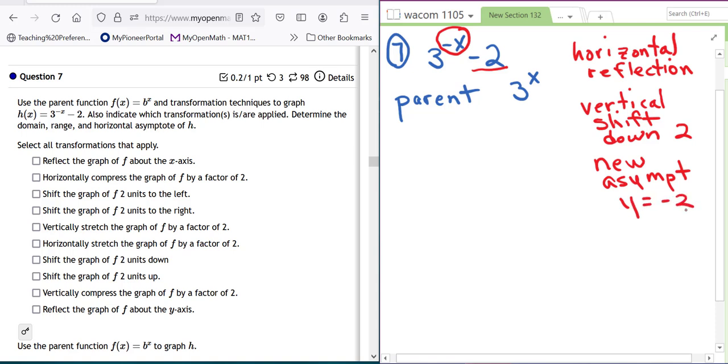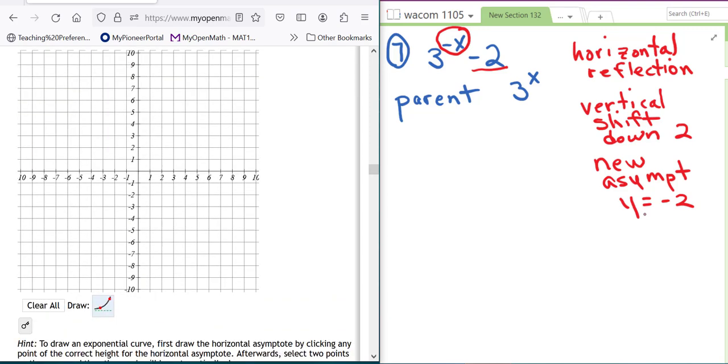Right, and I'm going to pull up the calculator. I can go ahead and mark these first 2. We are going to reflect the graph around the y-axis because it's horizontal. And we're going to shift the graph down 2 units. Those are easy to pick off.